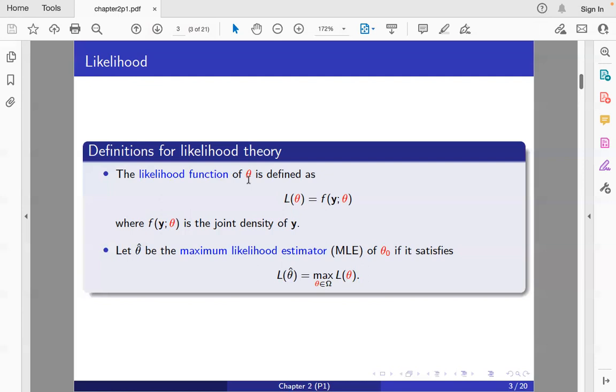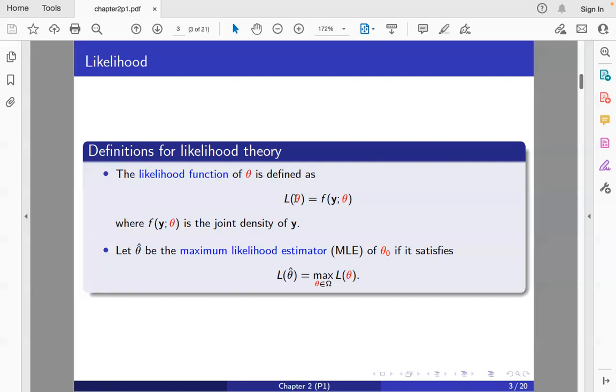And y is actually a vector of size n, the data. So the likelihood is a function of theta and data, but data is what we observe and theta is unknown. So given the data, it is a function of theta only.